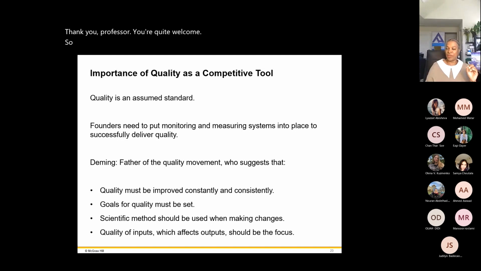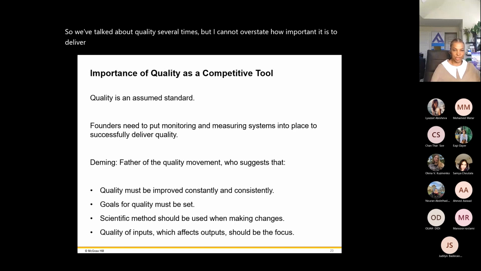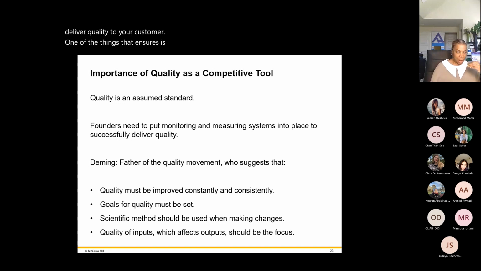So we've talked about quality several times, but I cannot overstate how important it is to deliver quality to your customer. One of the things that ensures is that you have customers coming back to you. You have repeat customers.